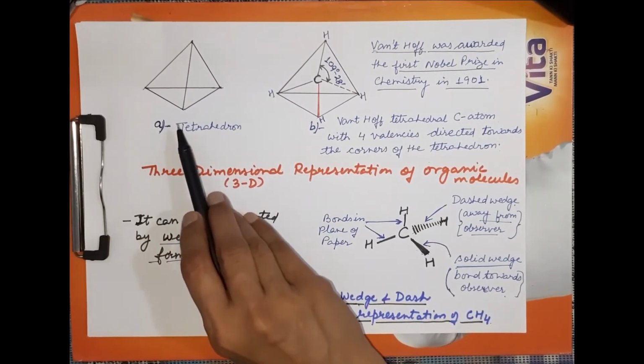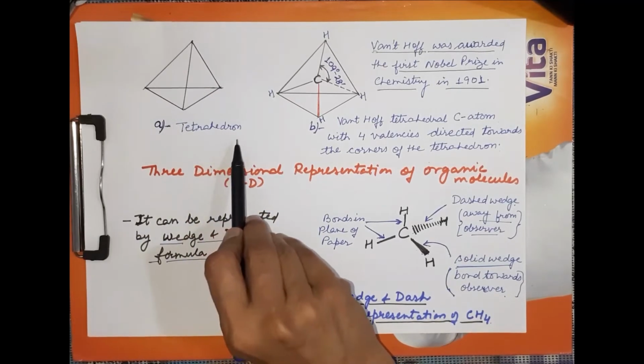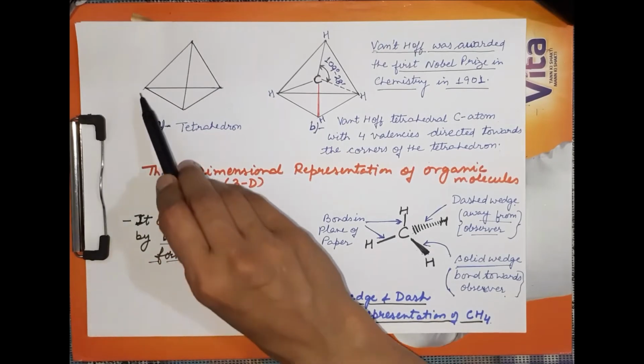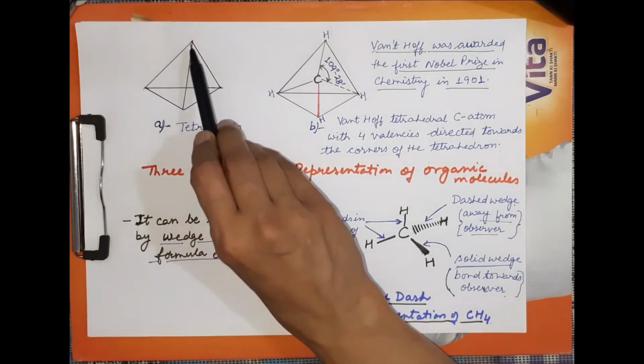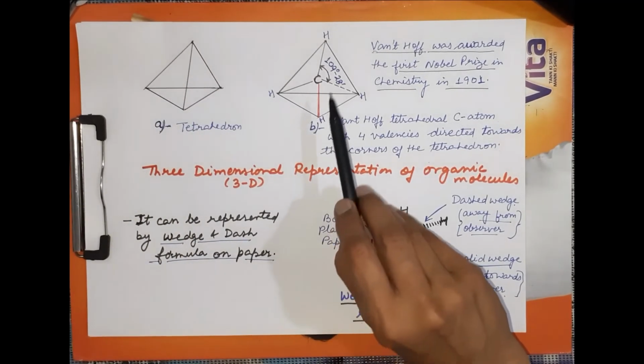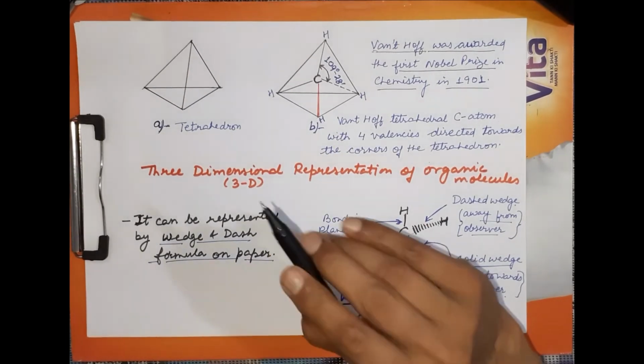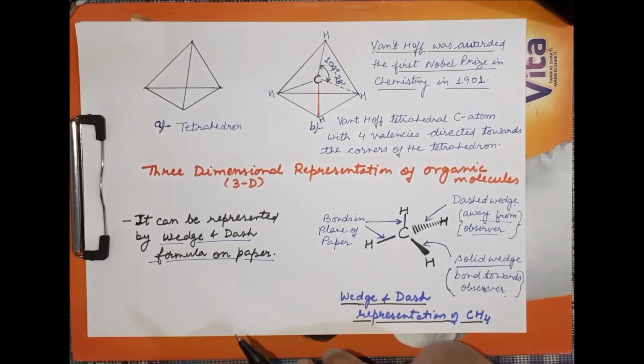This is the diagram of a tetrahedron. We can see here 4 corners, 1, 2, 3, 4. And this is another picture which shows the structure of the methane molecule, CH4.